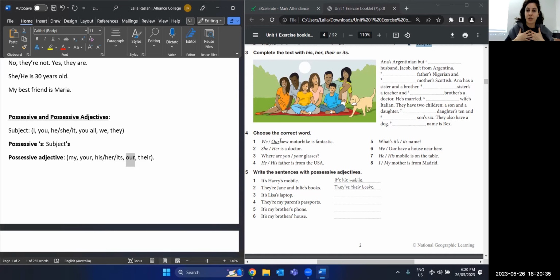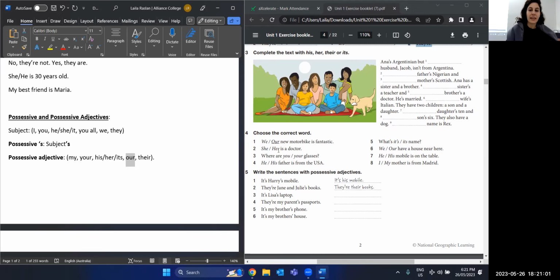It's saying our new motorbike is fantastic, because we own it, me and someone else. This is our motorbike.